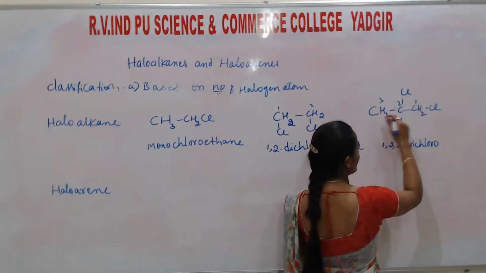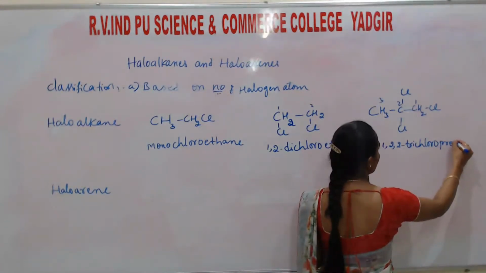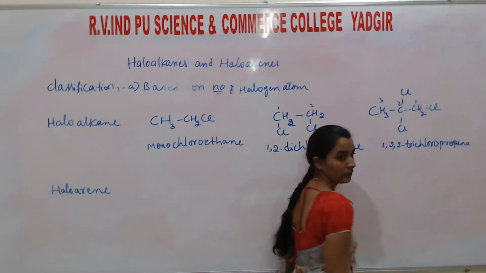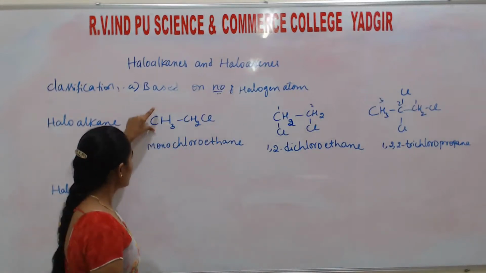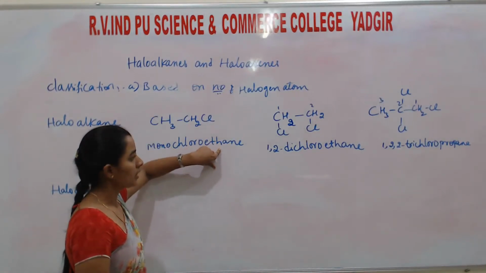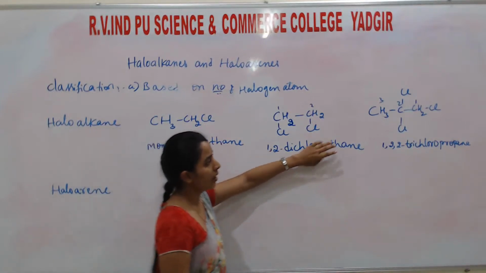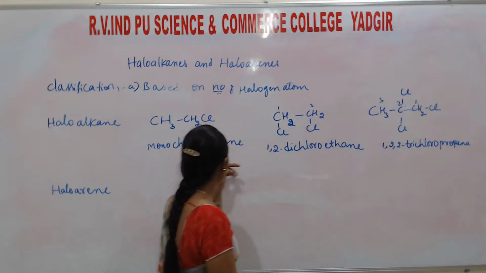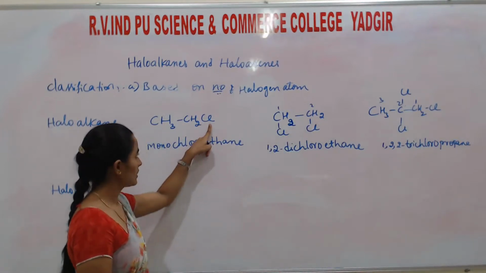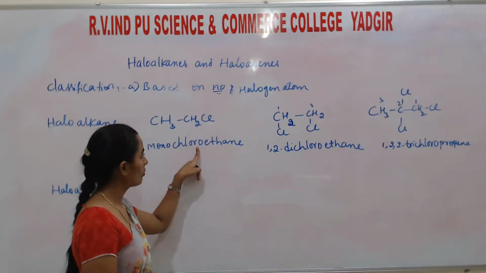Here 1, 2, 3 carbon atoms are there, that is propane. Okay. So here the parent chain remains the same: ethane, ethane, propane. But here they classified based on what? The number of Cl atoms. So this is monochloroethane.